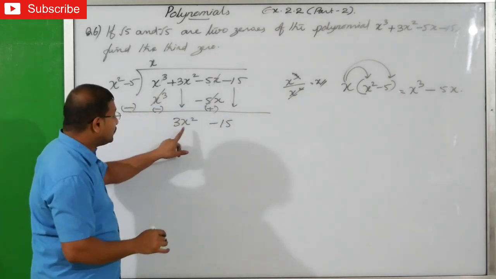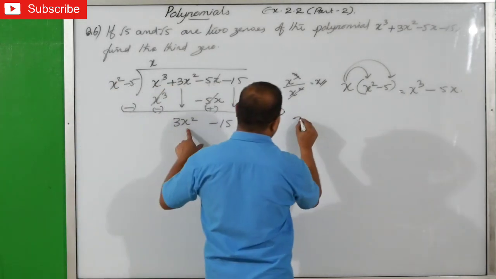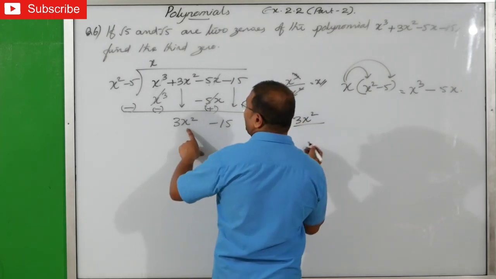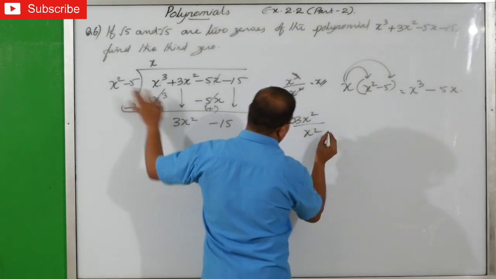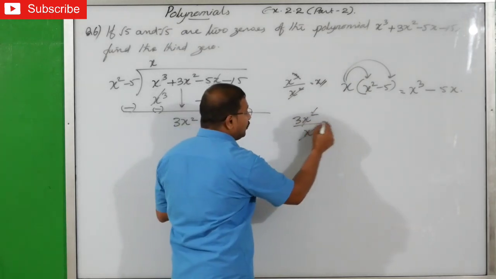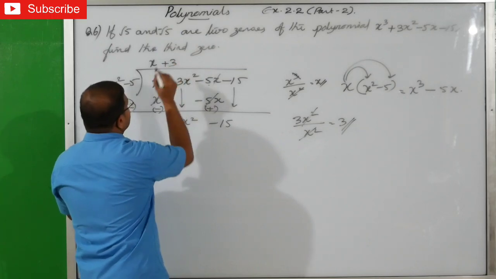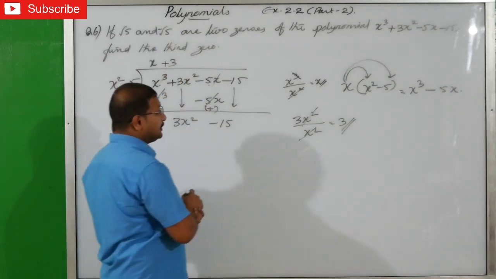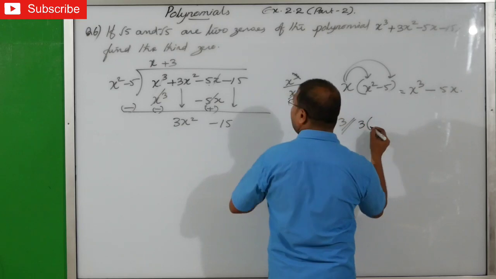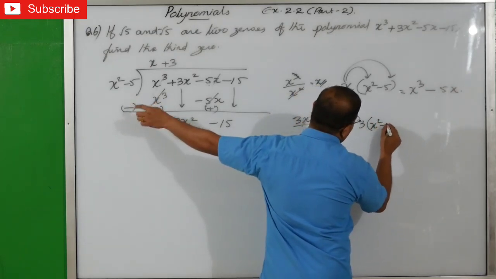Ready? After that 3x square, we will take 3x square divided by this first time. What is that? X square. X square will cancel. We will get only 3. 3 means plus 3. We will write in the quotient side. Ready? After that 3 into x square minus 5.